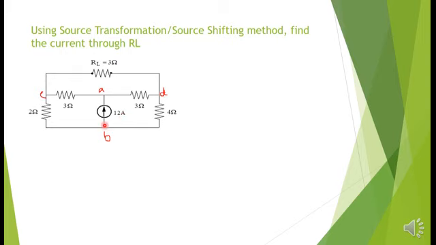So what is the concept of source shifting? Here in the source, the 12 amps current source is flowing from B to A. So we need to identify a path from B to A through some passive elements.